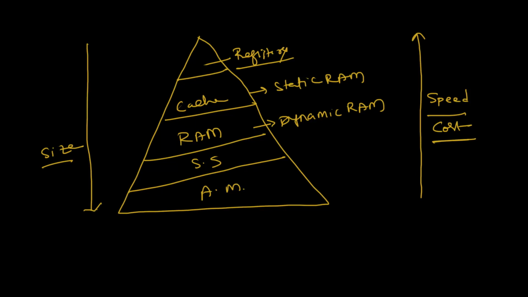So these three, size, speed, and cost, are the three major parameters that decide the price of your system and the speed of your system. We cannot build an entire system with registers. We cannot build an entire system with auxiliary memory, or with the secondary storage device. It is actually not possible, right? If you take, for example, the CPU, we know that the CPU is fast in the computer.